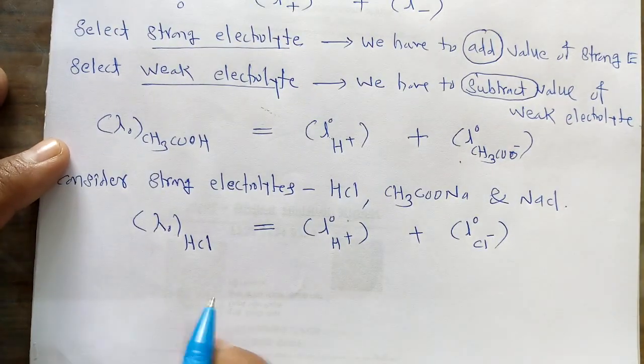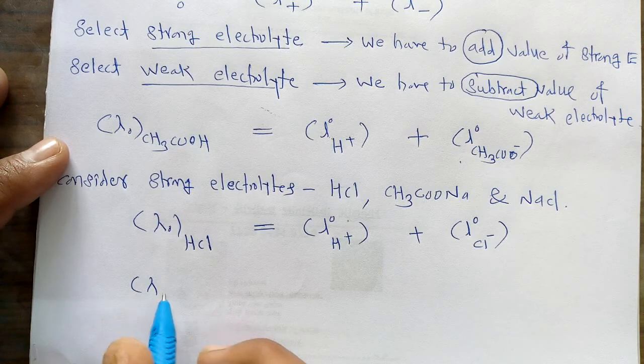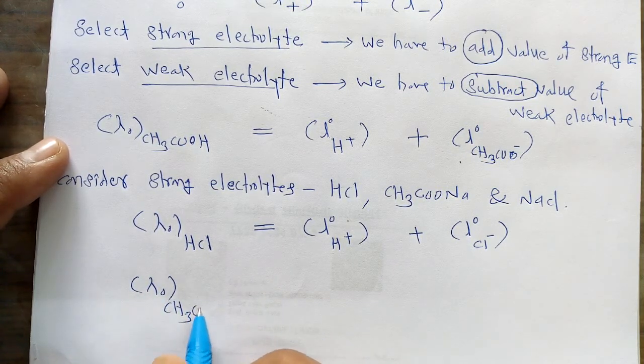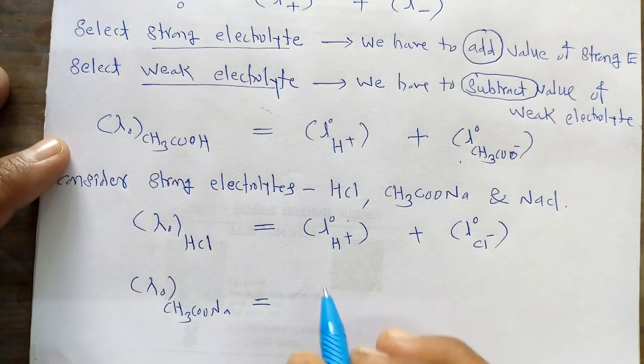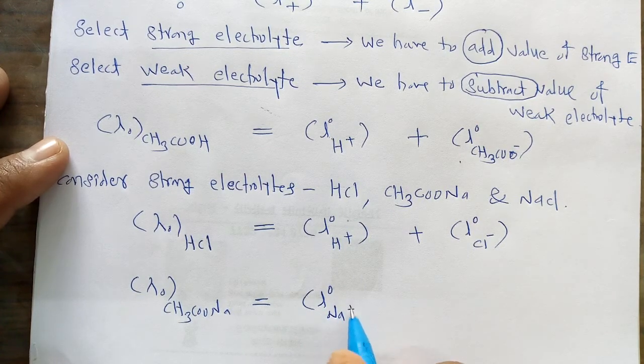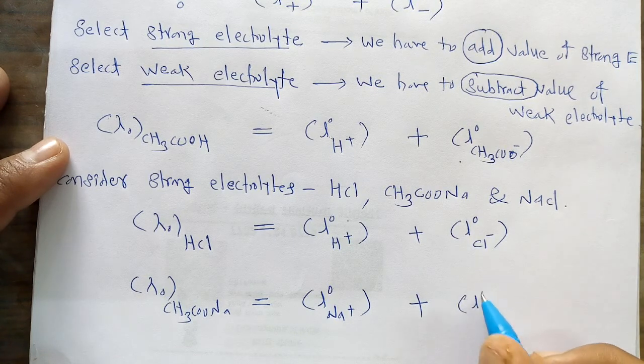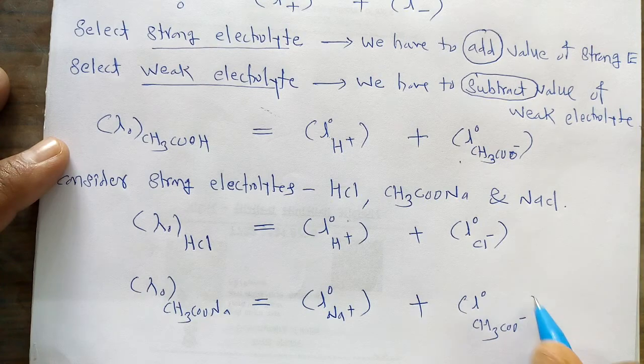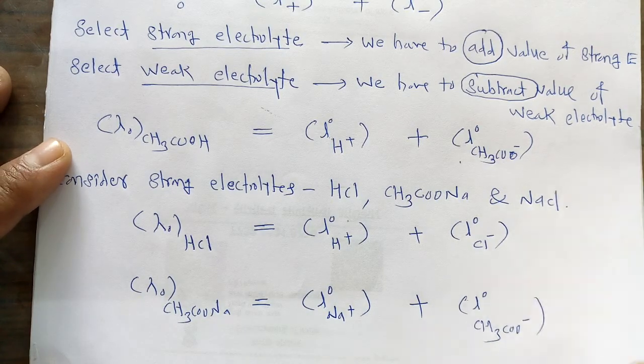In the same way, if we take the second strong electrolyte, CH3COONa, sodium acetate, its lambda 0 is the contribution of the equivalent ionic conductance of Na+ plus the equivalent ionic conductance of CH3COO- at infinite dilution.